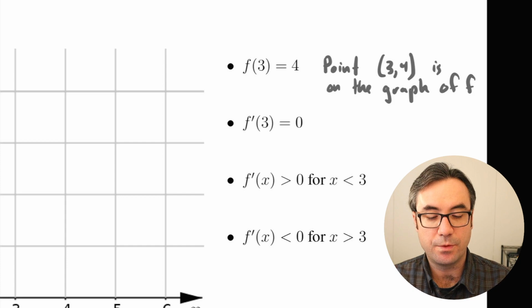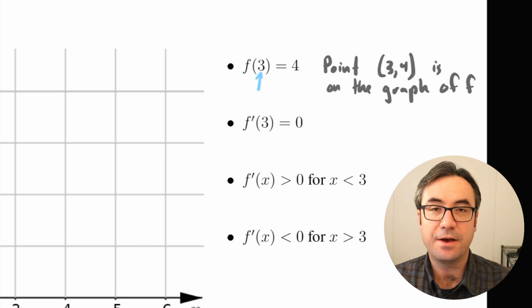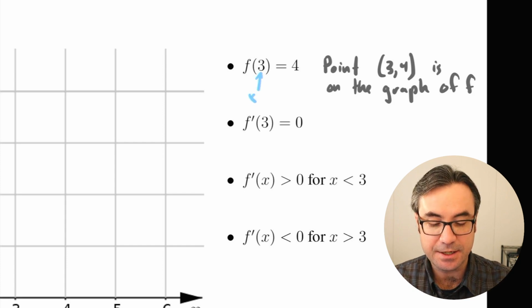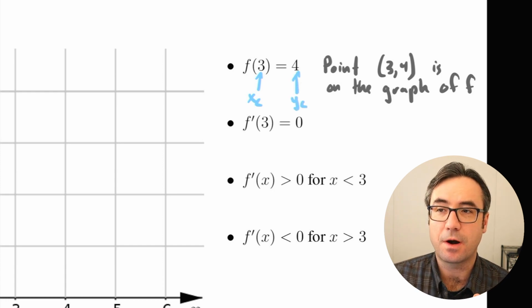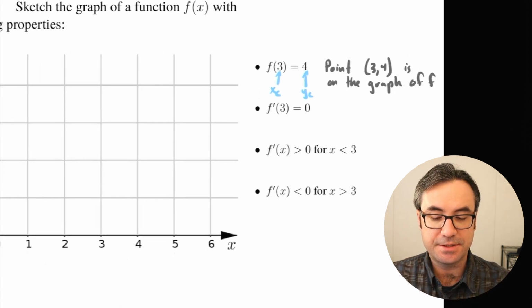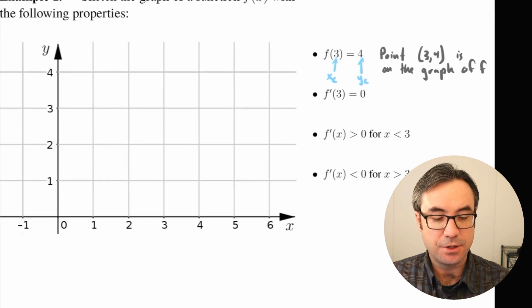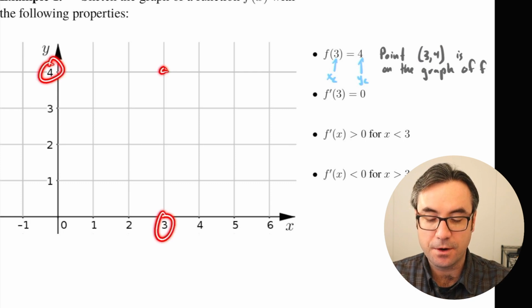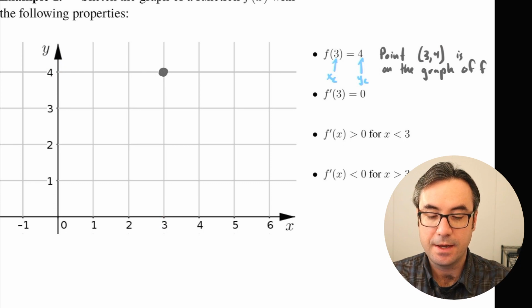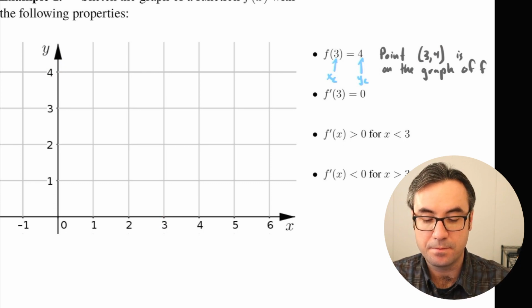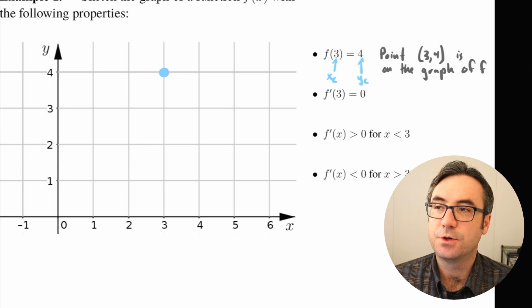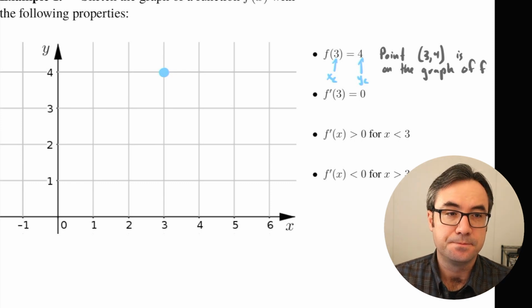So when we look at this, the value that we're plugging in is the x coordinate, and the value that we get out is the y coordinate for our point. So let's plot this. We want to plot the point (3, 4). We find x is equal to 3, we find y is equal to 4, and then we find the point on the graph. So we know that point is on our curve.